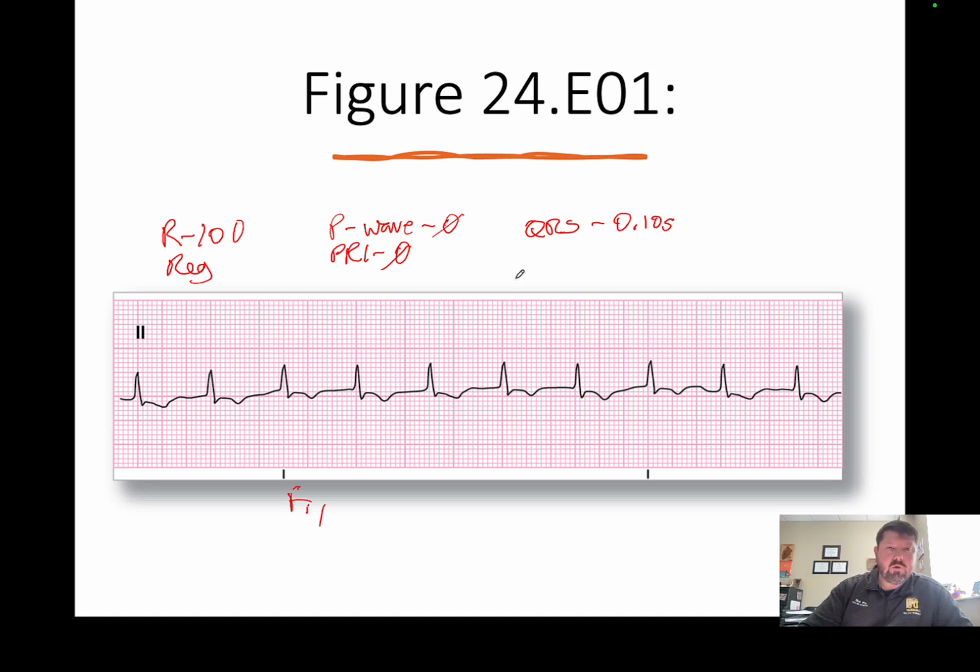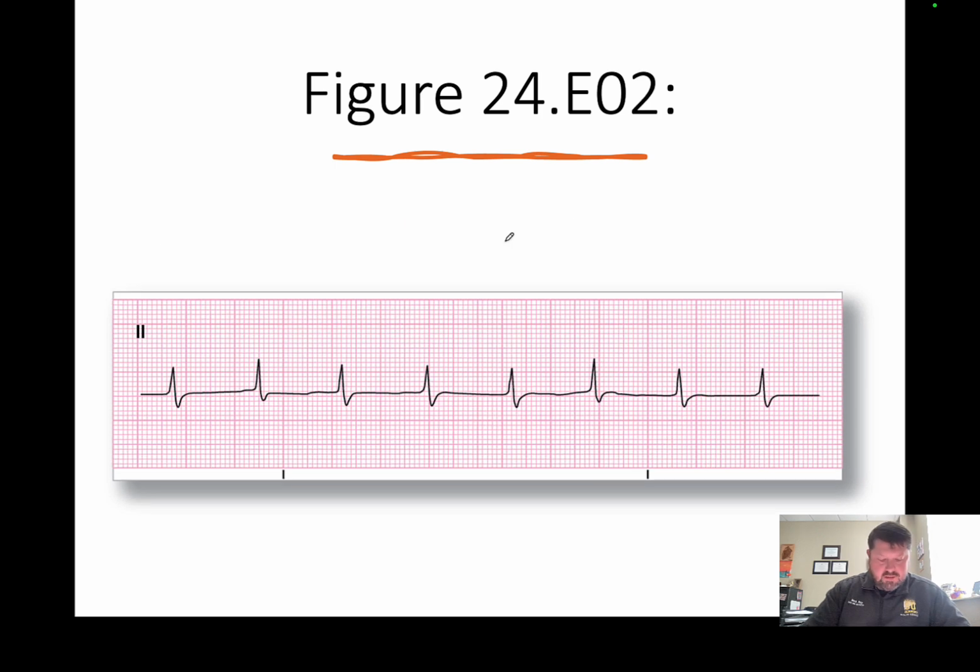So this one's right on the borderline, and so we're going to call it an accelerated junctional. Our next one, we've got a rate of 80, a regular rhythm. We don't have a P wave, so we don't have a PRI, and our QRS looks to be about 0.10 seconds. So at a rate of 80, this again is going to be an accelerated junctional.